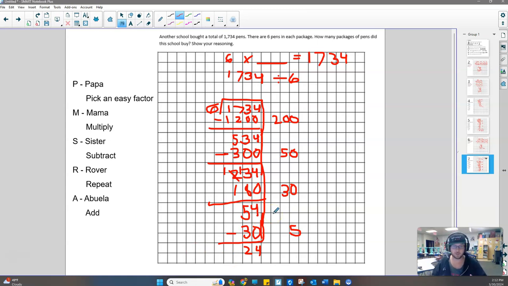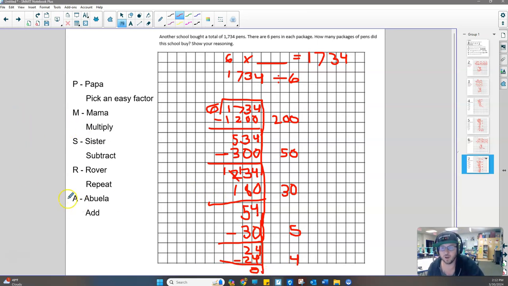If I don't know my math facts, that is an easy step. However, 6, 12, 18, 24. 4 times. So my final number here is going to be 4. And I already know because I just did my skip counting that that is 24 take away 24, which equals 0. So Rover, repeat until 0 or near 0.